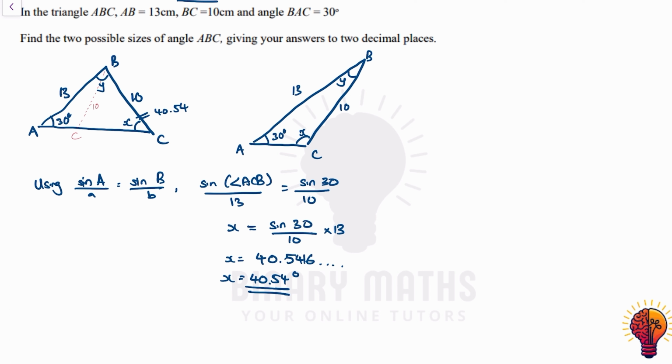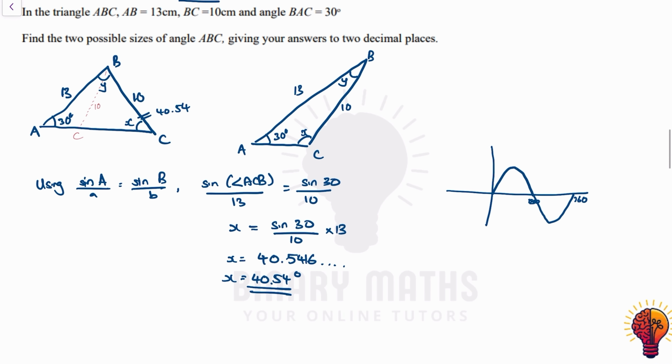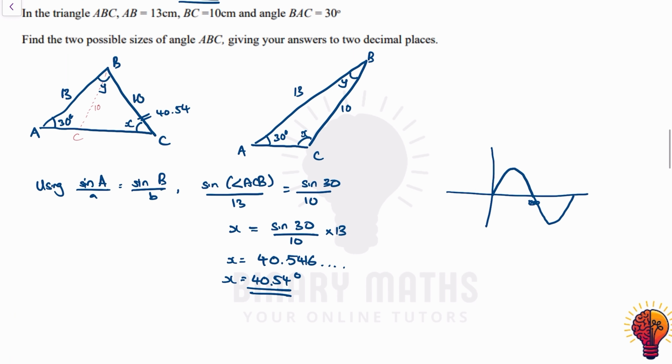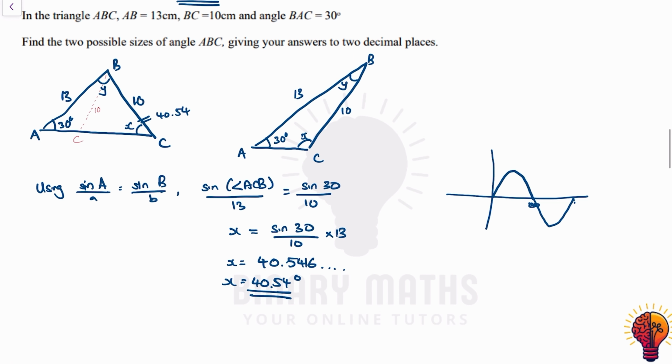Now that is acute. My second answer for X must be an obtuse angle. From your GCSE knowledge, if you remember your sine graph, it starts at 0, gets back to 0 at 180, and then goes below the x-axis all the way up to 360. So 40.54, which is the solution, is somewhere here. To find the other solution, it must lie there.